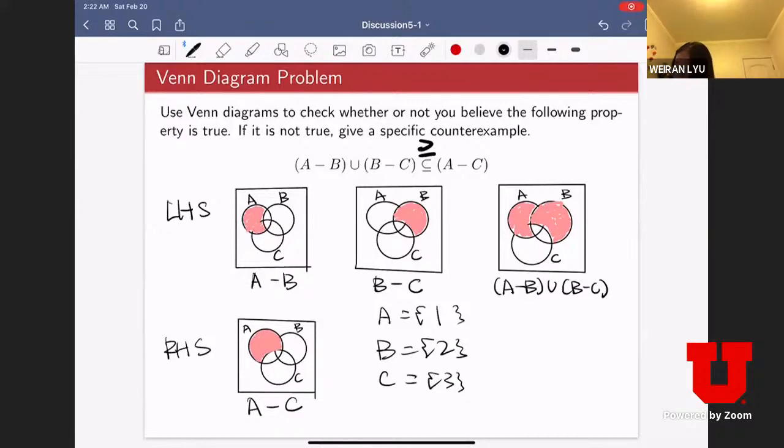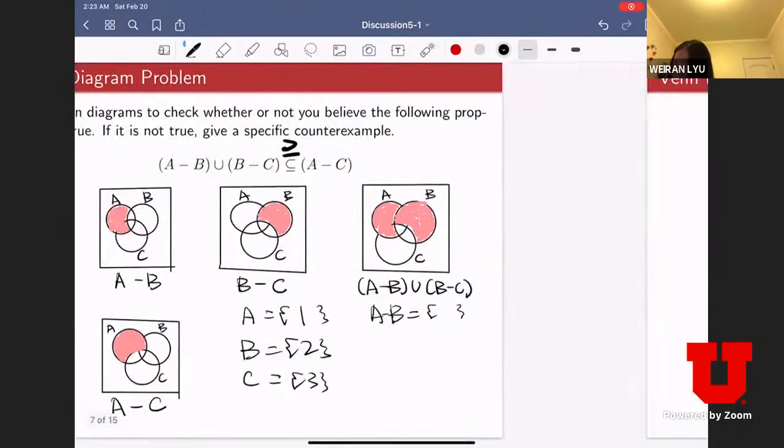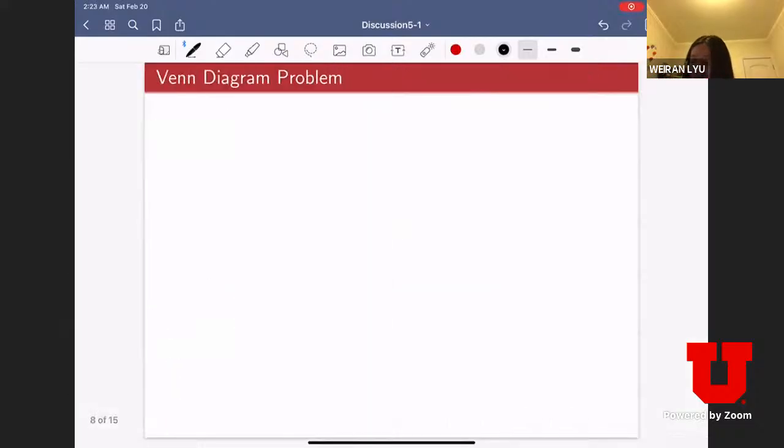And then you just check what is your A minus B in this case? What does that become? Let me just move on to the next page. So suppose you have sets A, B, C like this as your counterexample.